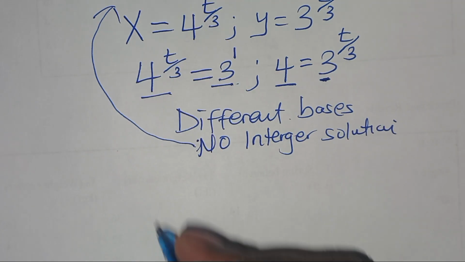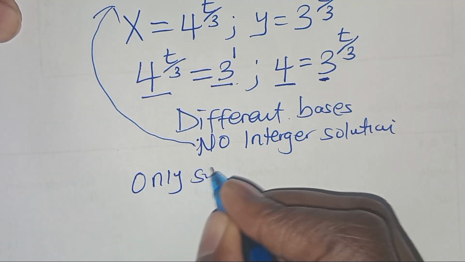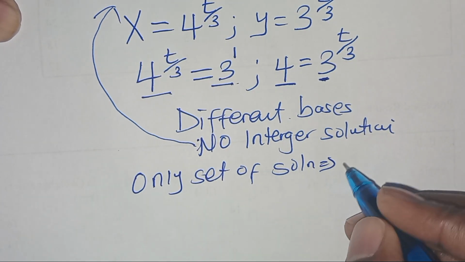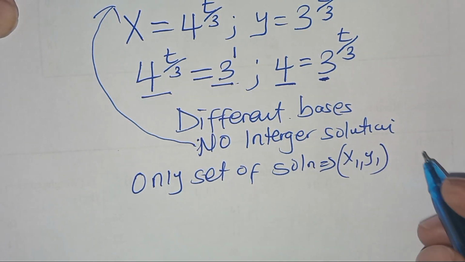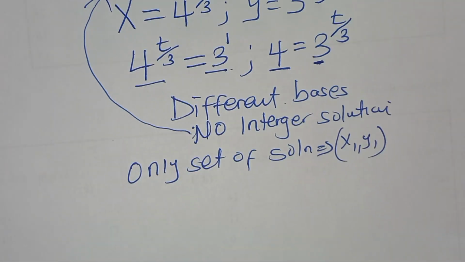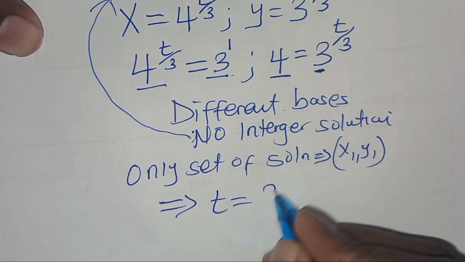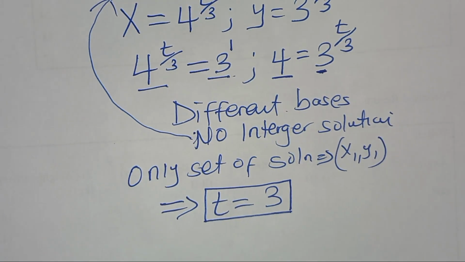So this implies that the only set of solution that satisfies the equation is x1, y1, which is 4, 3. And therefore, the value of t is equal to 3.